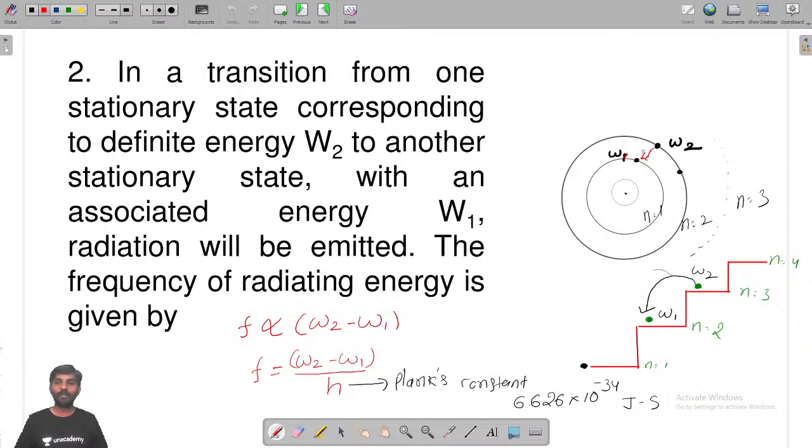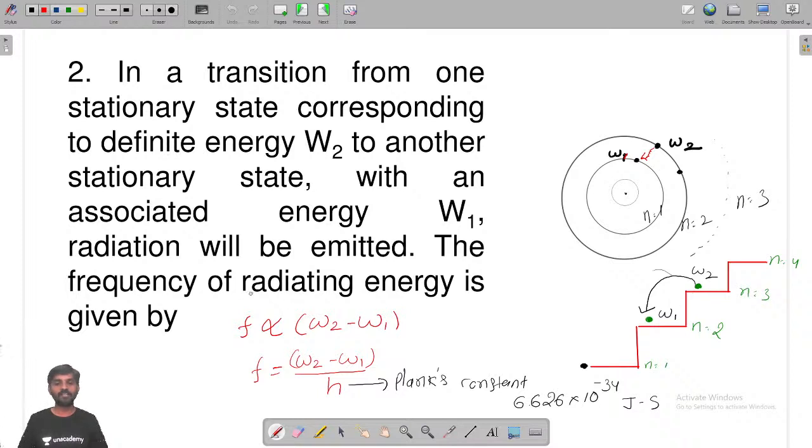But when the electron is moving from one state to another state, it loses some energy, and you can see here from W2 to W1. When it is moving from higher states to lower states, some energy will be lost.